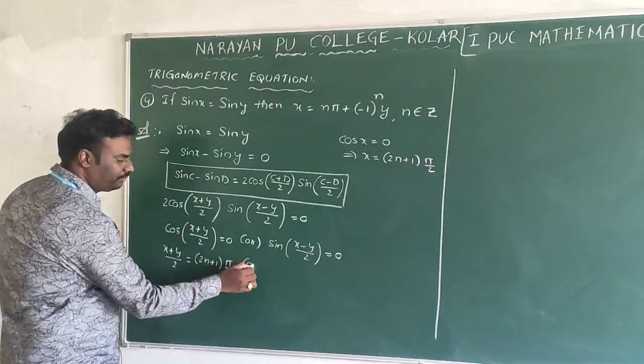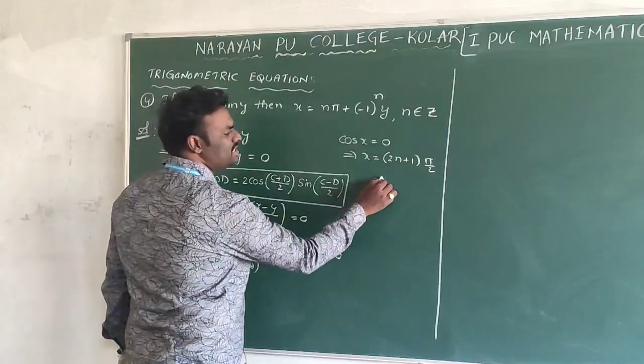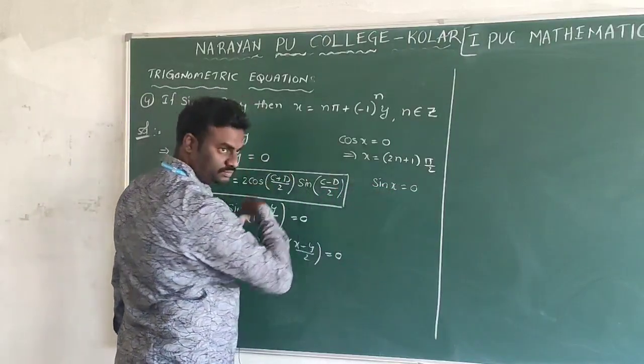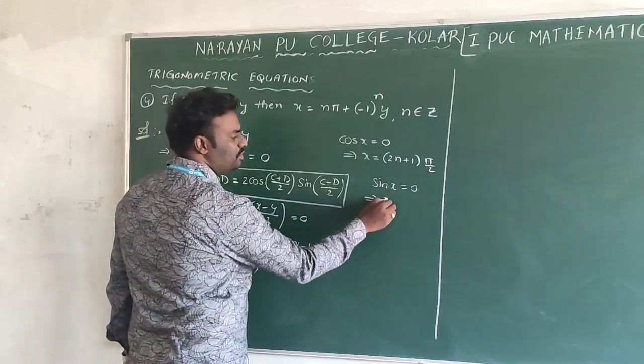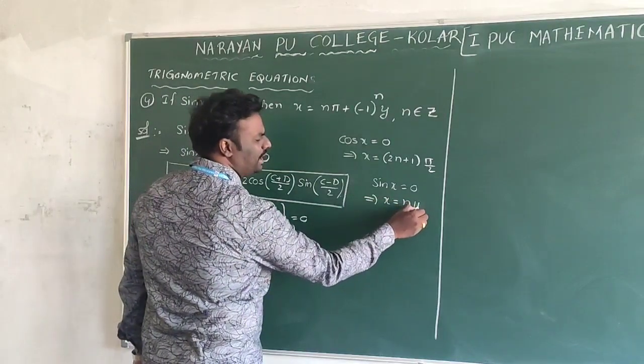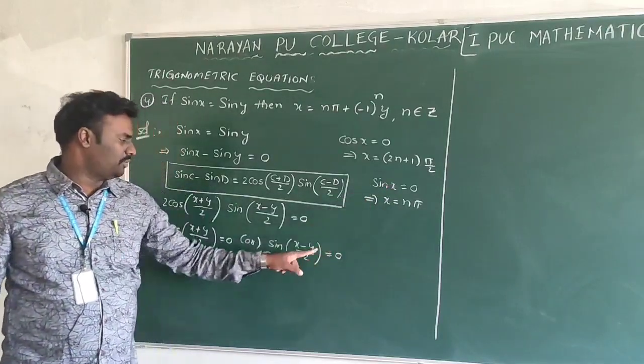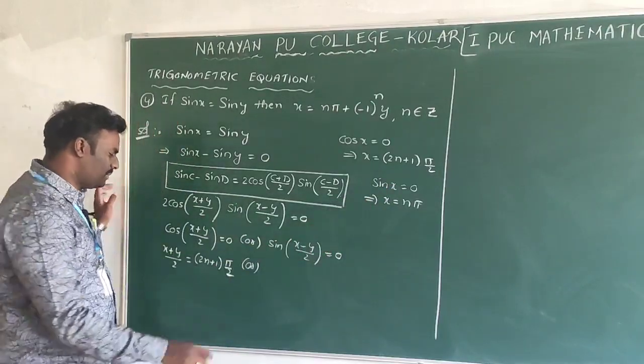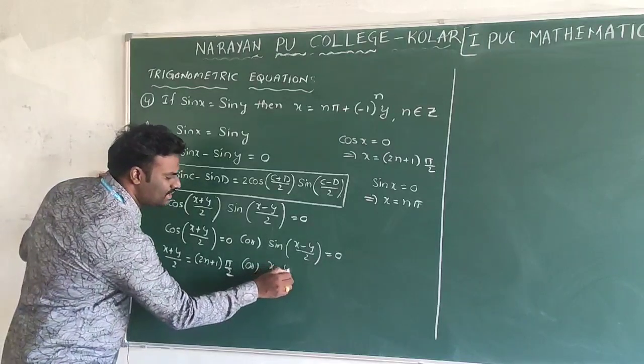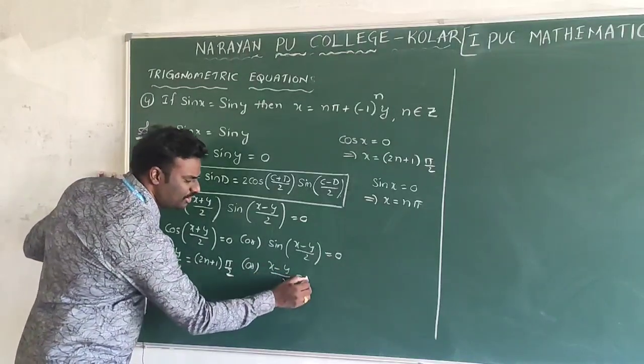Similarly, if sin x is equal to 0, we know the general solution is x is equal to nπ, where n belongs to Z. In place of x, what we have? x minus y by 2. Then (x−y)/2 is equal to nπ.